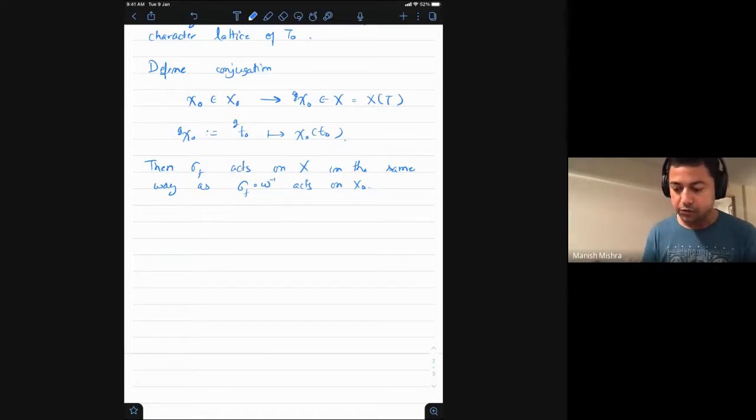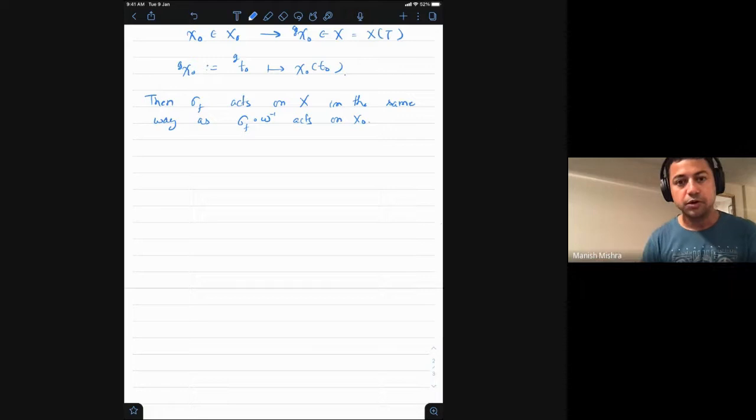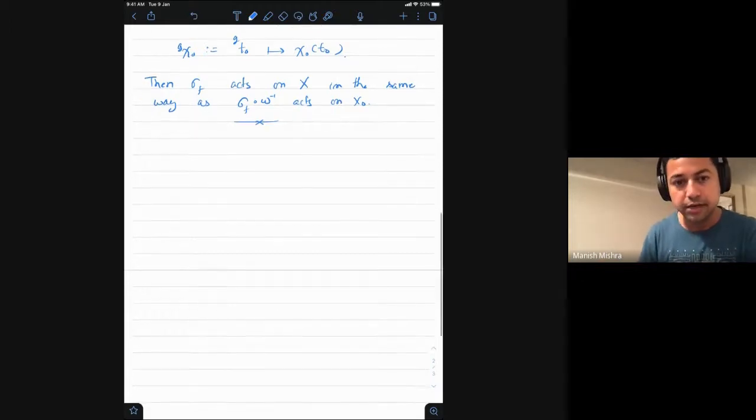So all tori look like this, where you have a fixed torus T0, and therefore its character lattice X0, and then you just modify the F structure by this twisting, and thus obtain all the F tori with their F structures. So this is the basic construction of tori.